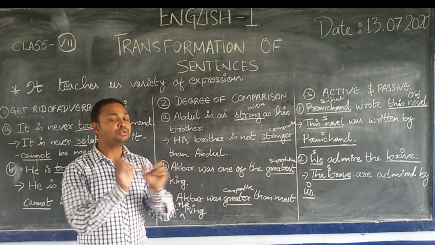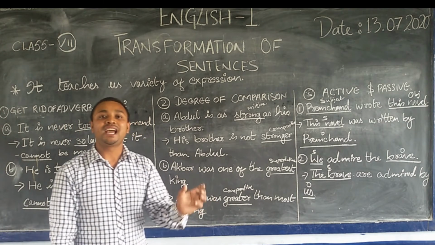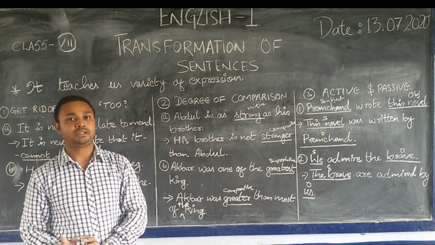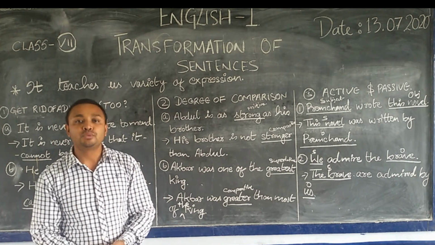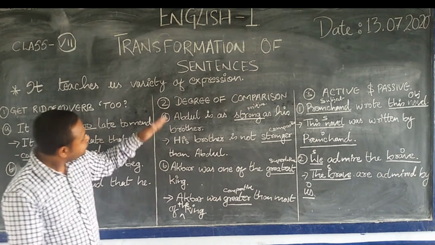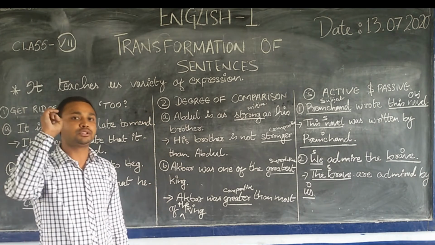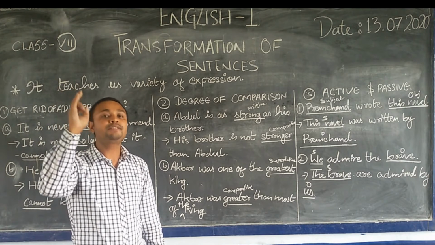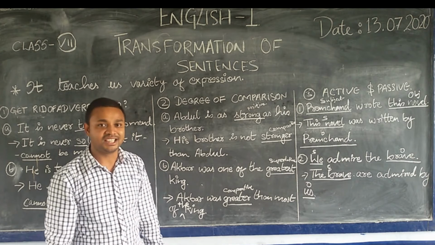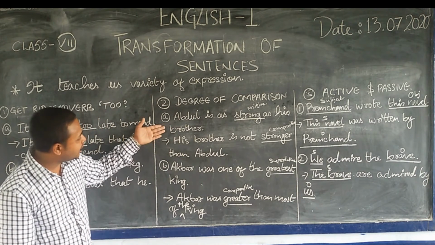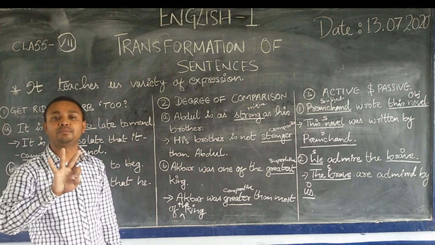In order to do that, we write "No other king is as great as Akbar." I have not written this here, but you can make it this way also. Whenever you write this kind of sentence, you have to be very clear about the superlative, comparative and positive degrees. This is how we can make changes in the sentences. Here also I have solved 2 questions for you. You have to do only 3 from the text.